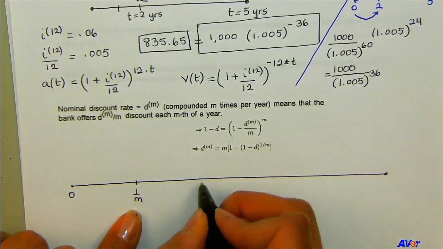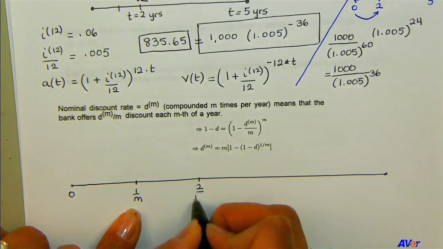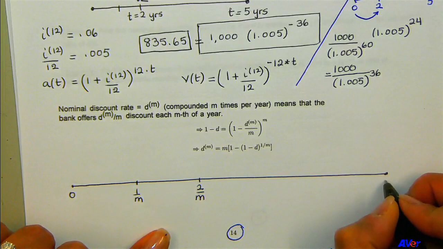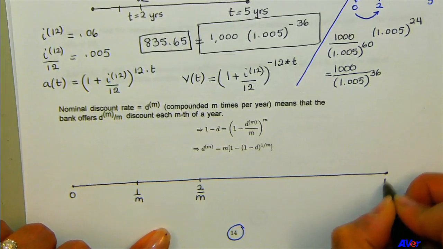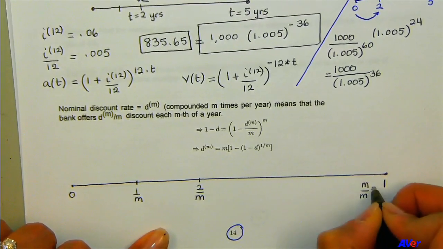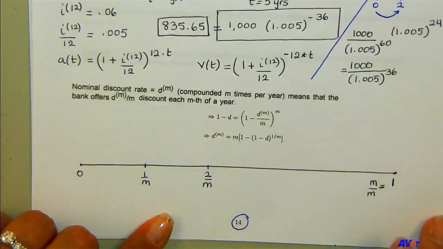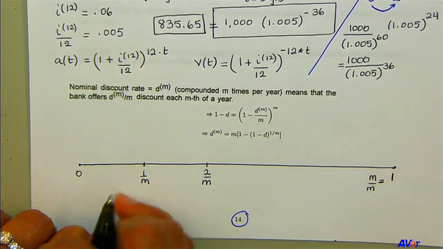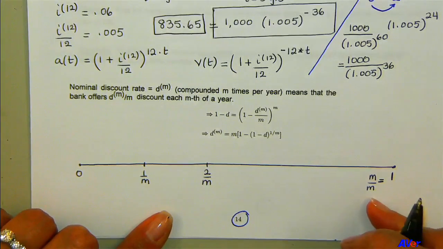I have month 1 and month 2, and all the way here I have month 12. So that would be year 1, m over m, which is 1. And let's say that it's convertible monthly, so this would be 1 over 12, 2 over 12, 12 over 12, which is 1.